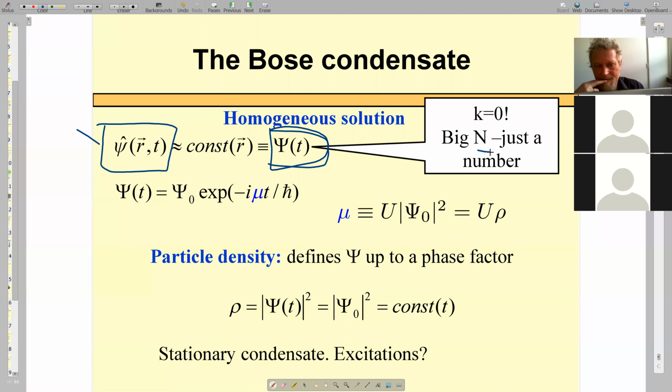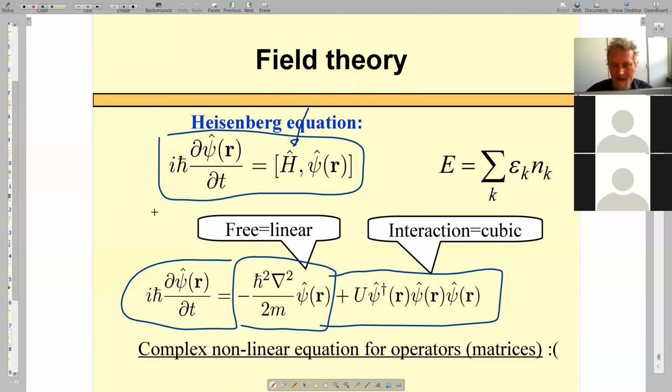Fine. So we look just for the solutions of this equation in terms of numbers. Let me look at this equation. So this is the gradient. If you look at homogeneous solutions, that just disappears.